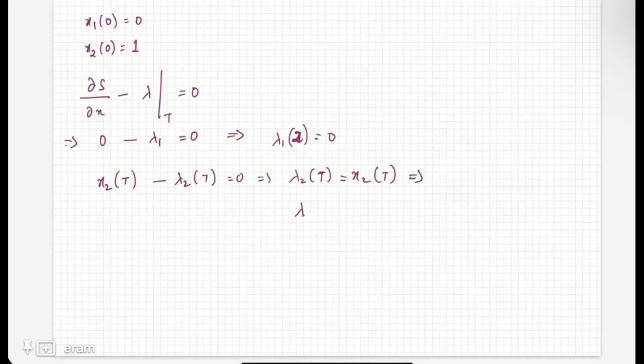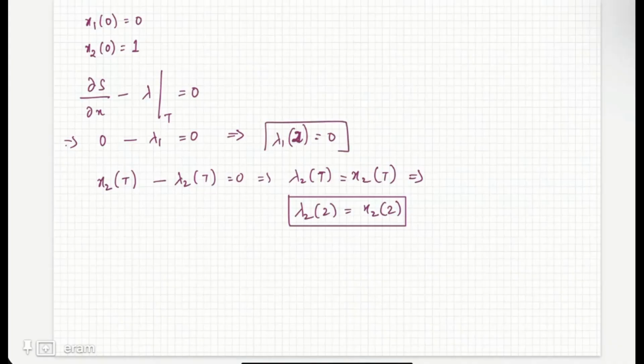That means lambda 2 equals x2 of 2. So we have one condition, we have a second condition, we have a third condition, and we have a fourth condition. So now using these four conditions we can find these four constants C1, C2, C3 and C4.